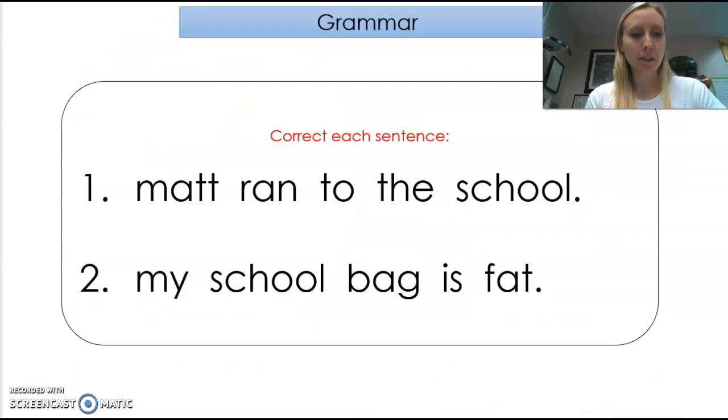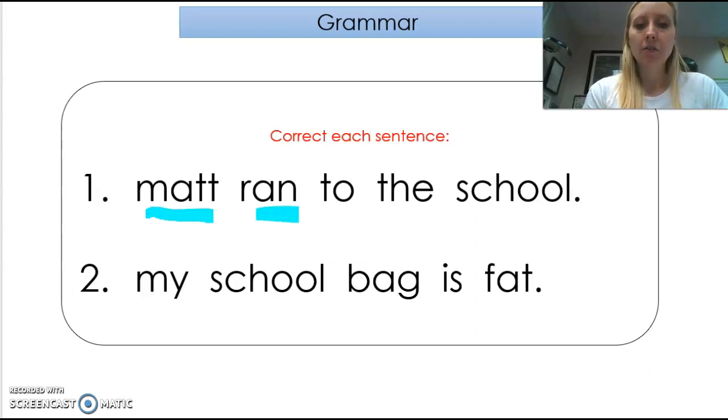Very nice job. Okay, friends, we are going to fix 2 sentences. We're thinking of our 5-star handwriting. Now, because this is written on a computer, we know that it has good handwriting because a computer always has good handwriting. So we're going to be looking for our other stars. Let's start with a capital.